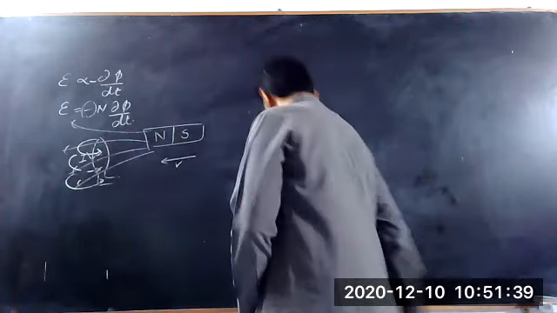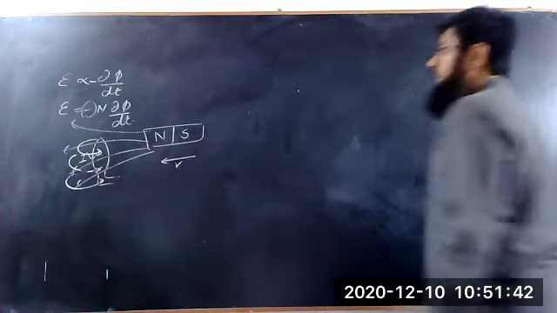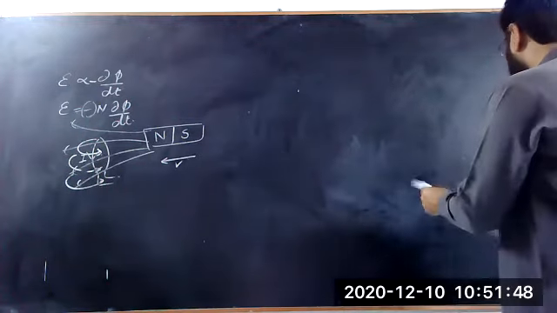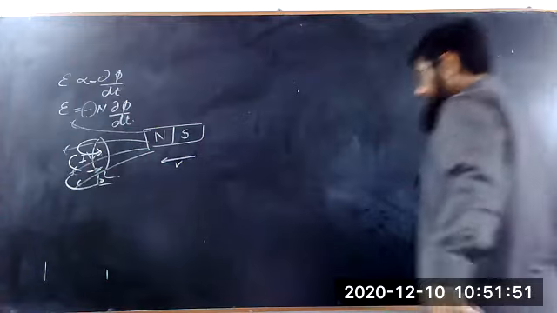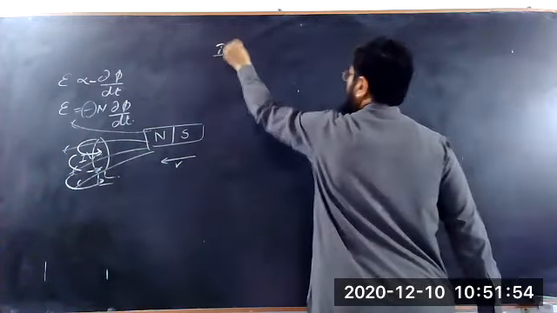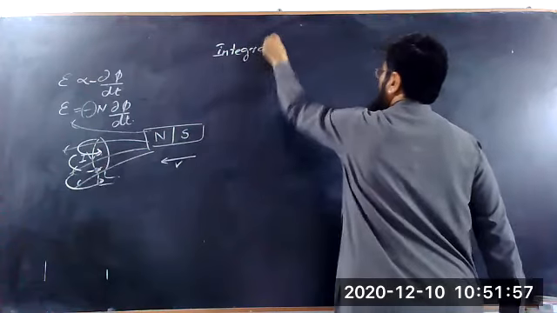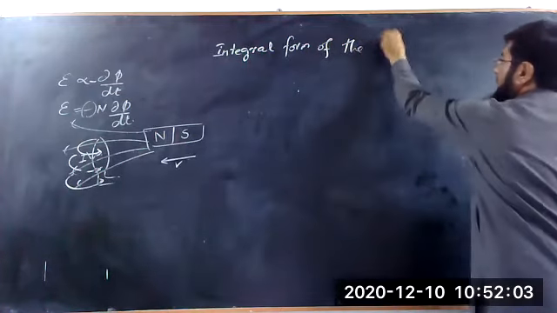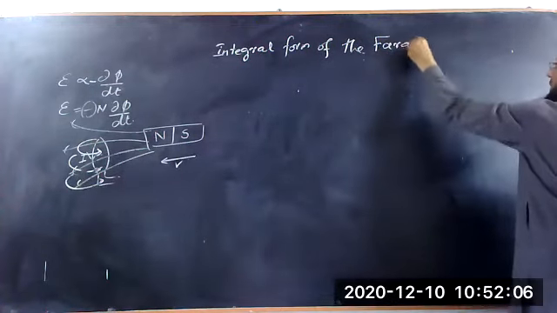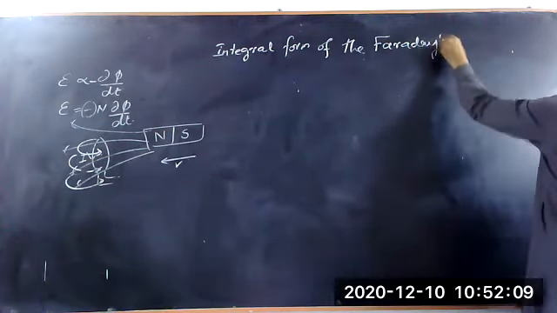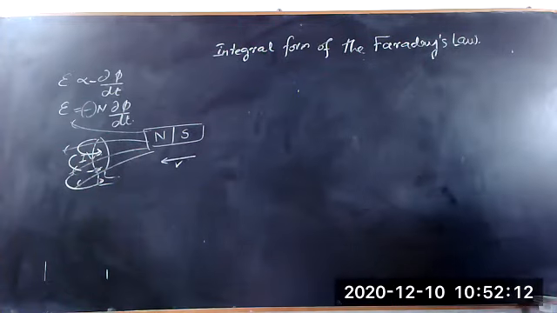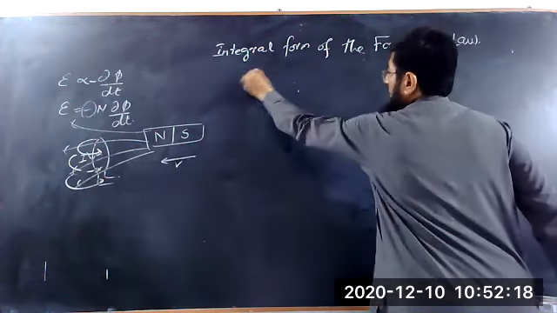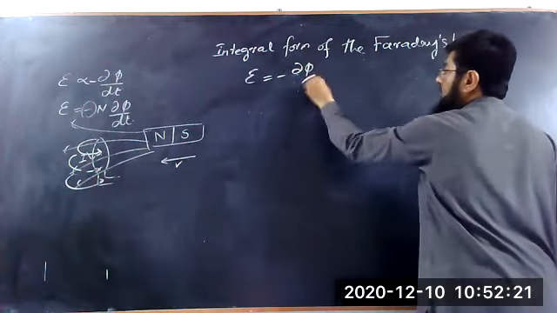Now we are discussing the integral form of Faraday's law. According to Faraday's law, simply, the EMF is equal to minus d phi over dt.